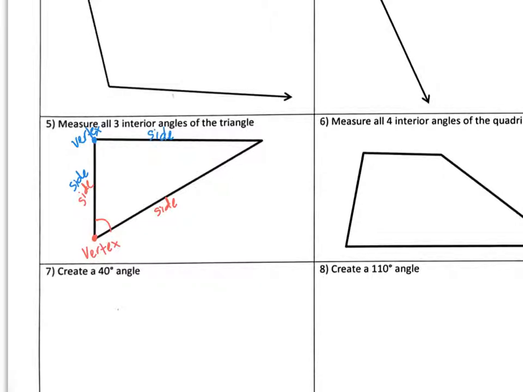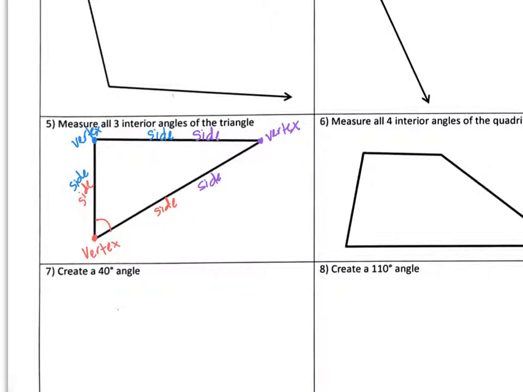Okay, so yes, some angles share sides. That's what's going to happen in a lot of the figures that we see, especially the shapes. The final angle that we see is over at this last corner. If that's the vertex, here is a side of that angle, and here's the other side of that angle.